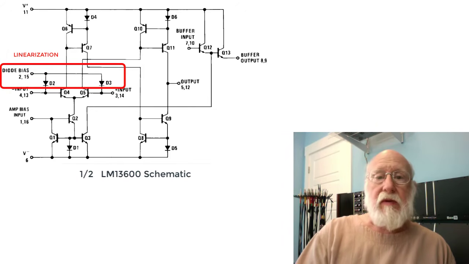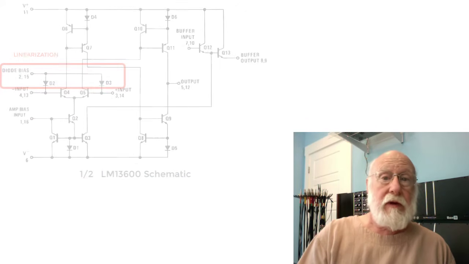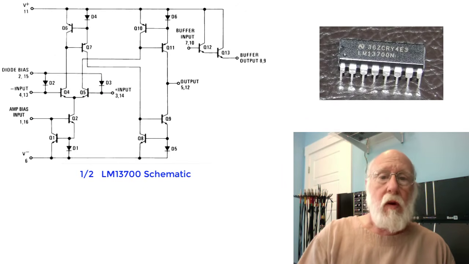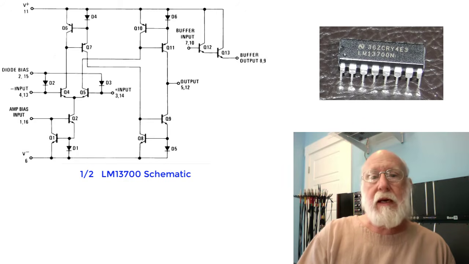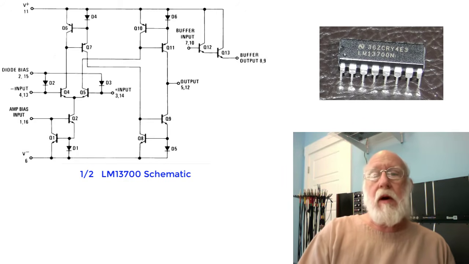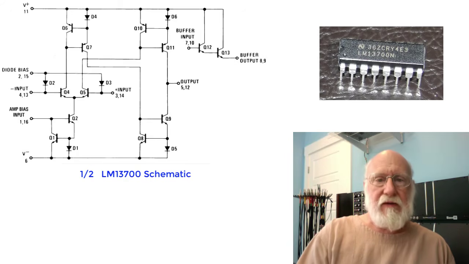A few years later, the LM13600 was superseded by the LM13700, which is almost identical, but it did have a couple of improvements over the earlier design. This dual OTA is still widely used and shows no sign of becoming obsolete, so I could certainly recommend it for new designs. Today there are several OTAs available.